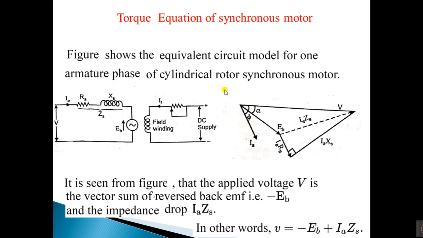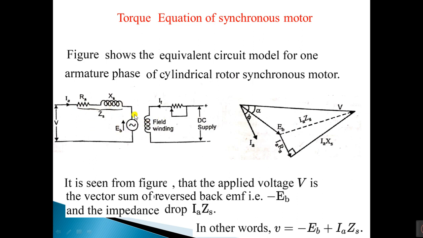Next one, the torque equation of the synchronous motor. See this figure, the equivalent circuit model of one armature phase of a cylindrical rotor synchronous motor. Here, the voltage we applied, the armature resistance RA and XS, combined together as ZS.